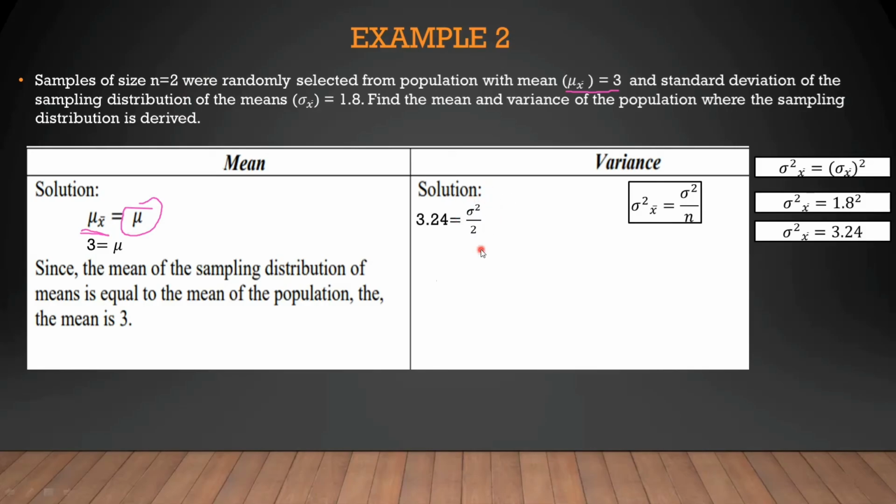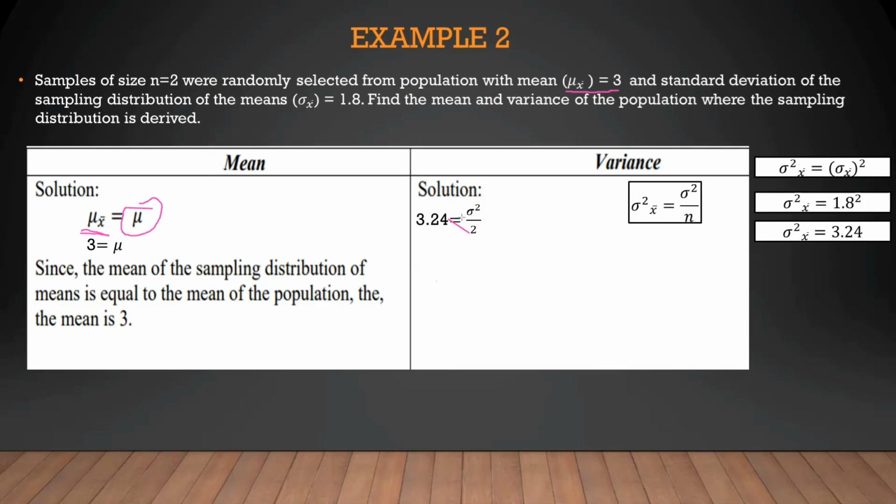Paano ba yung gagawin natin dito to get the variance of the population? Kapag ganito yung ating problem, o ganito yung ating equation, we will cross multiply. Pag nag-cross multiply tayo, 3.24 times 2 is equal to 6.48.